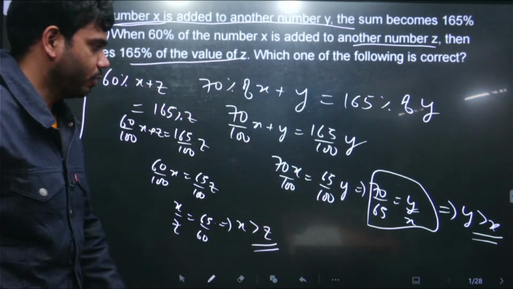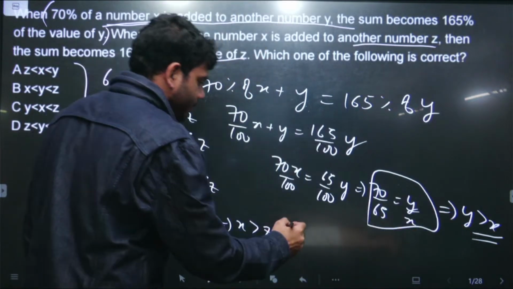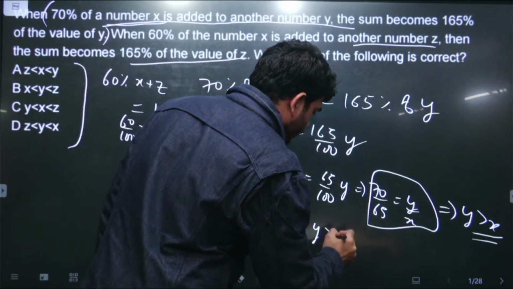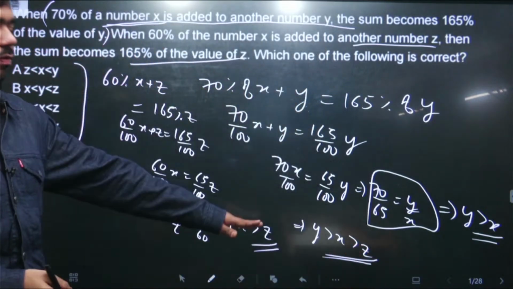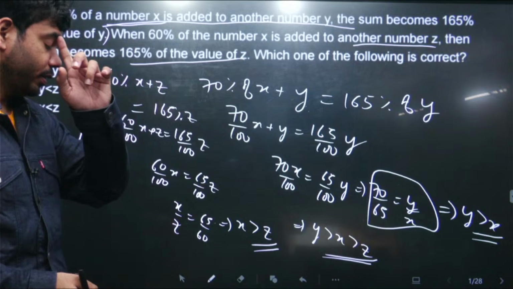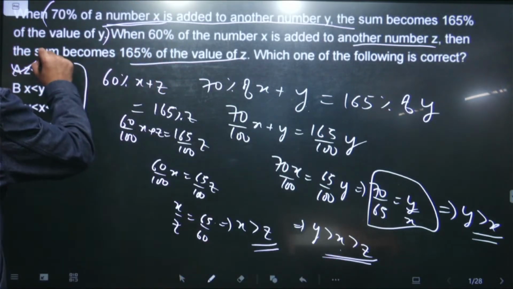A very simple ratio thing. So y is greater than x and x is greater than z. Combining these two things, this is the relation between x, y, z, where y is the largest, z is the smallest and x in between. So here option number A is correct, right?